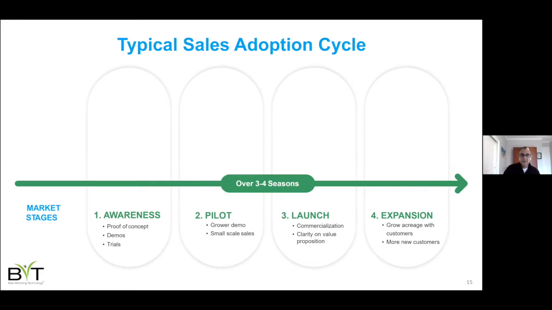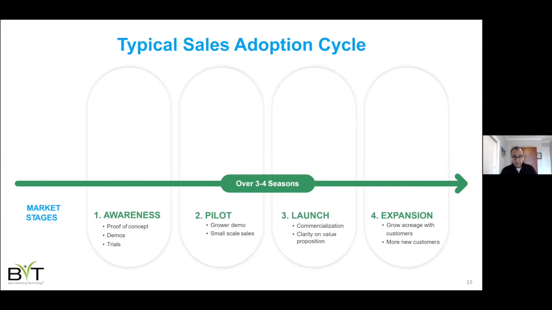You start with an awareness stage where you're talking about showing proof of concept, doing some demos, doing trials with the key influencers in their geography, and then moving to a pilot stage where you may be giving some product away for free or doing 2-for-1 campaigns just to get the farmer to start using your product on a small scale.